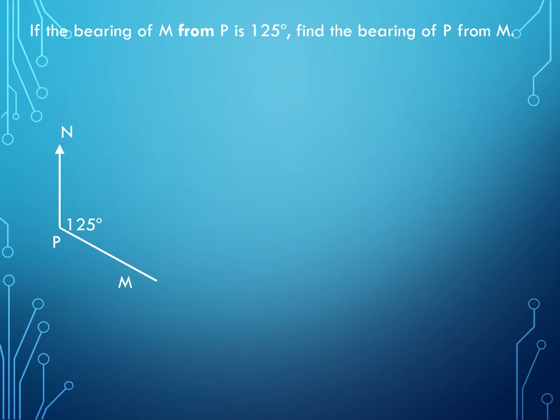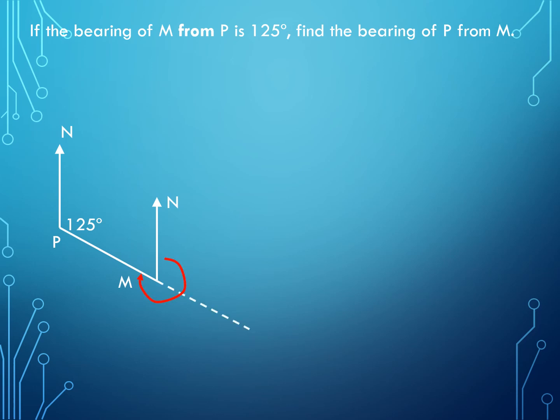Okay, similarly, if the bearing of M from P is 125 degrees, we want to find the bearing of P from M. So again, same principle, we're just going to head back the way. So the first thing we're going to do is draw in our north line. Okay, because it's another north line, it's parallel to the one that's already there, and that's the angle we're looking for.